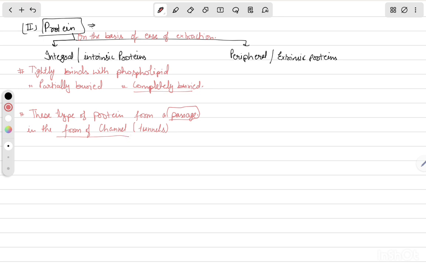These channels or tunnels are only for movement of water soluble substances or molecules. Now, why water soluble molecules and why not fat soluble molecules?